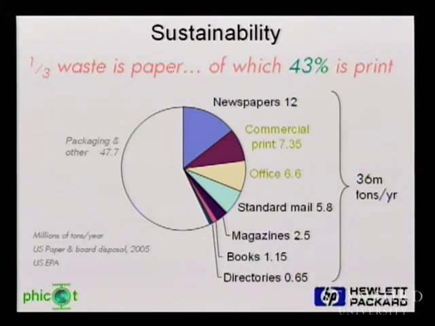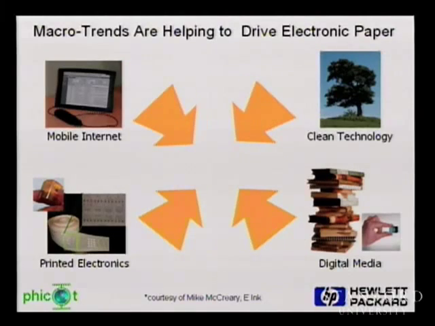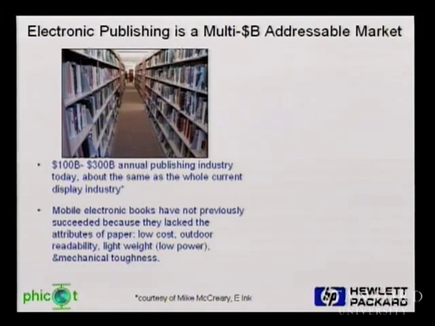So let's talk a little bit more about this whole paper thing, the paper crisis. It's a very energy-intensive industry, and a huge amount of what we're putting into landfills is paper, and a lot of that is printed paper. So all these things are pushing us from sustainability along with this mobility thing. Both are crowding us into wanting to do that. I got some of these slides from Mike McCrary, the CTO of E Ink, a couple years ago, and it's really interesting.